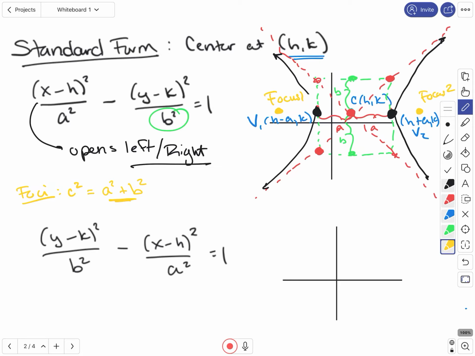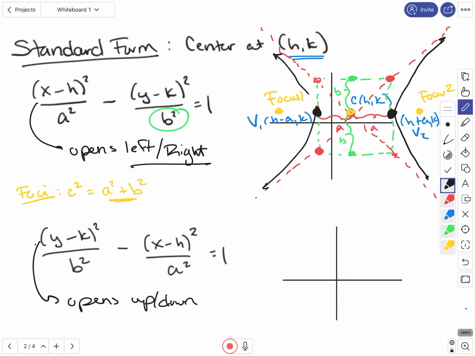And those are going to be c units away from the center. That formula still holds, whether it opens left, right, or, like this one, opens up and down. And everything will be really, really similar.